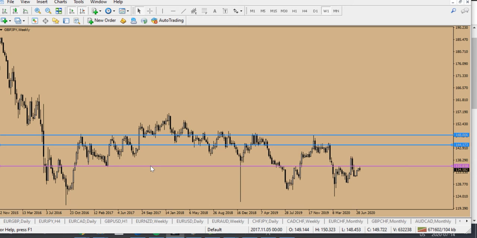This weekly resistance is pretty interesting. If it enters that area, you could be interested in a quick sell, a couple of 100 pips, right? So that area is an interesting area for a sell also.